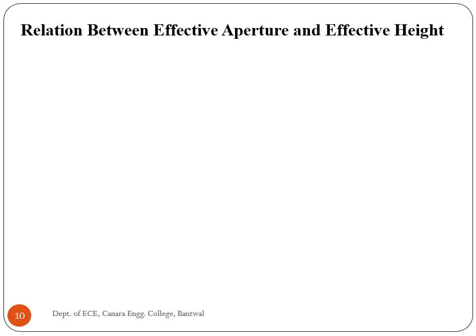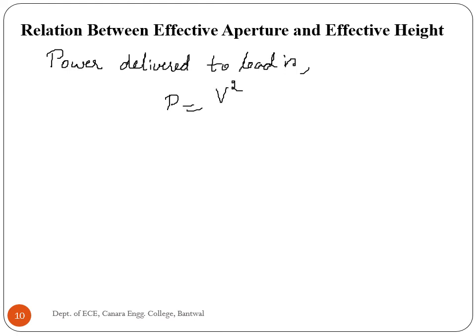Relation between effective aperture and effective height. For an antenna of radiation resistance matched to load, then power delivered to load is P equal to V square divided by 4 RR.